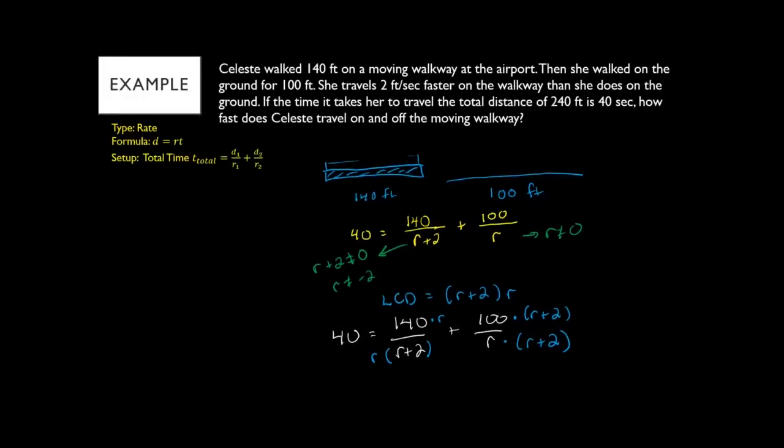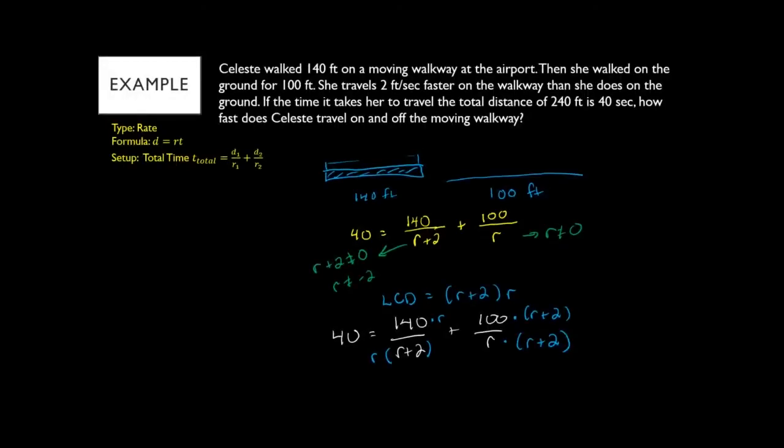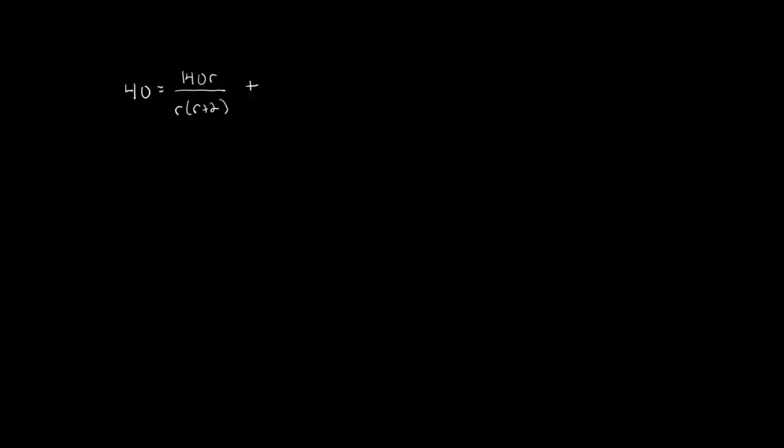Now the first fraction, I'm going to have 140R over R times R plus 2, plus, and then on the right, I'm going to distribute the 100 through the parentheses. So 100 times R and 100 times 2. That gives me 100R plus 200 over R times R plus 2.